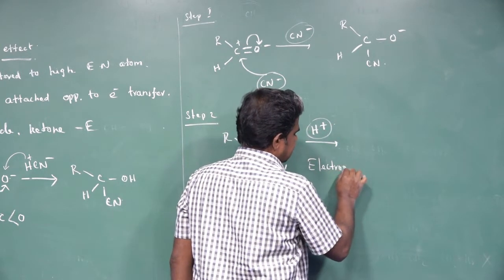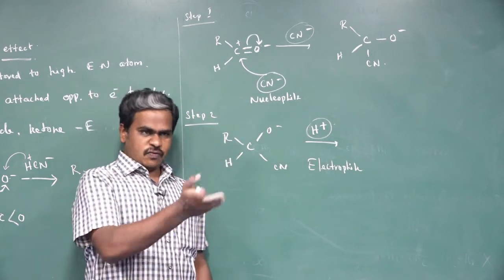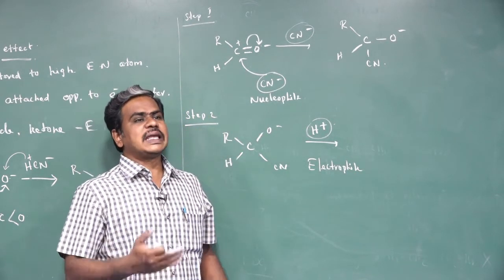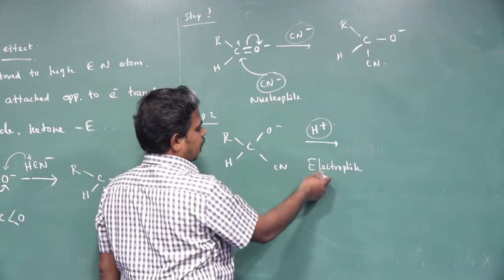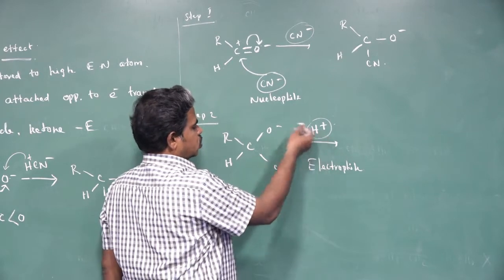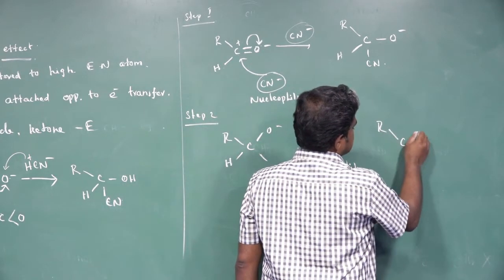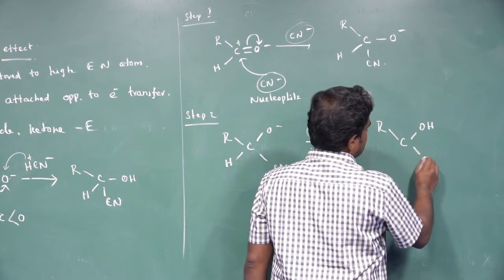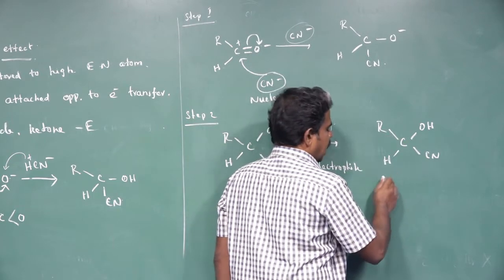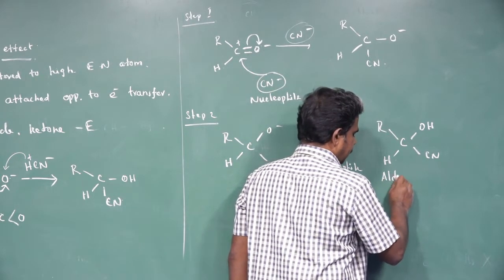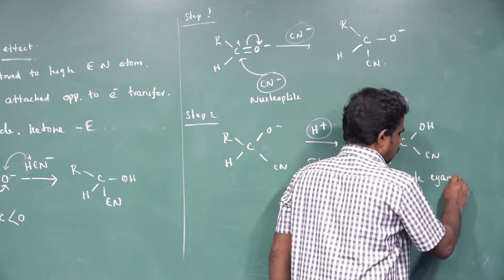So first nucleophilic addition is followed by electrophilic addition. So OH is attached. So here R, C, OH and CN and hydrogen. So it is aldehyde cyanohydrin.